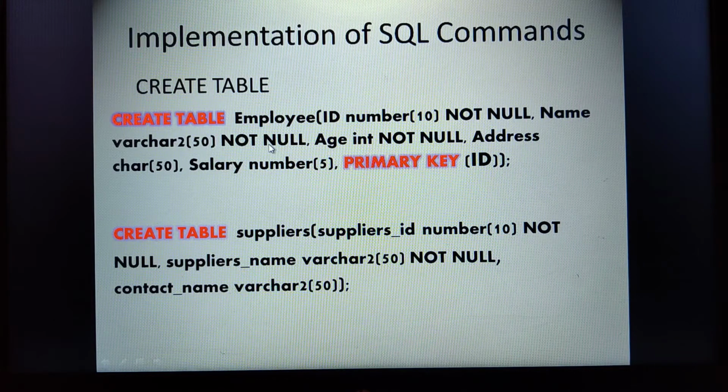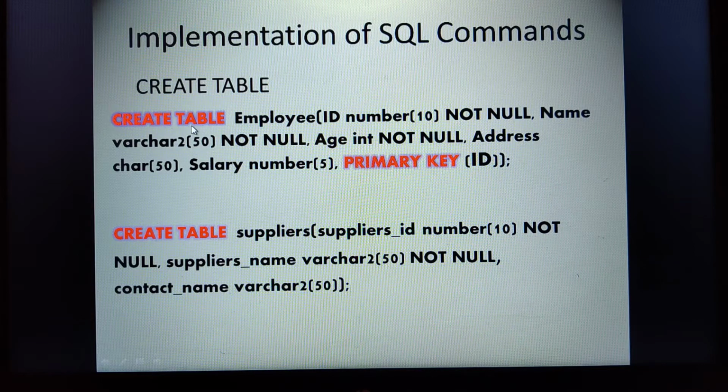Then not null, a constraint I have applied. Then age, its data type is integer, not null. Address, character. Salary as number data type I have taken. Then I am specifying the constraint name and I am even specifying on which column this primary key constraint has to be applied. That's ID. So this is one example of how you create a table.